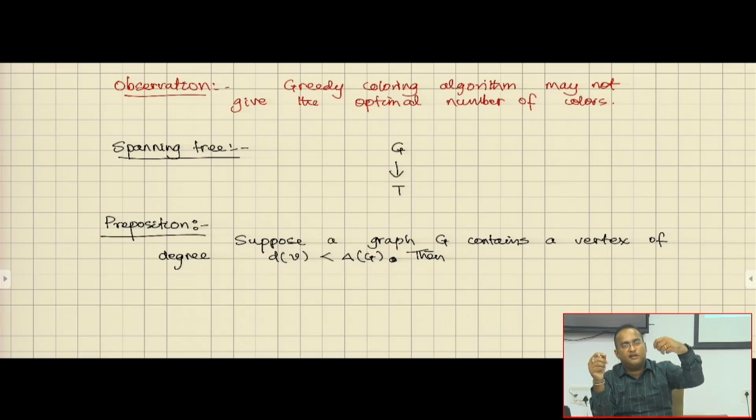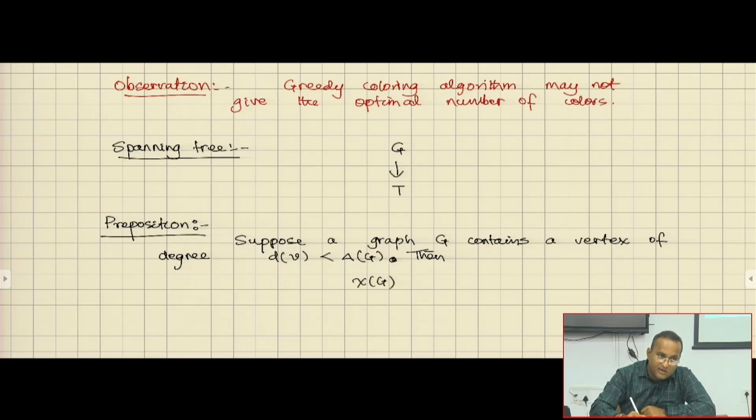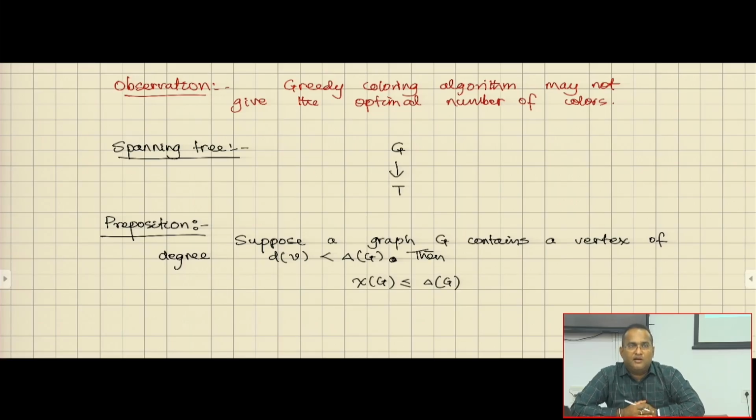The graph has a vertex whose degree is less than delta. The chromatic number will be, can you say, less than or equal to delta of G? How?